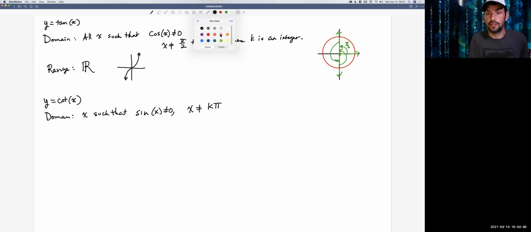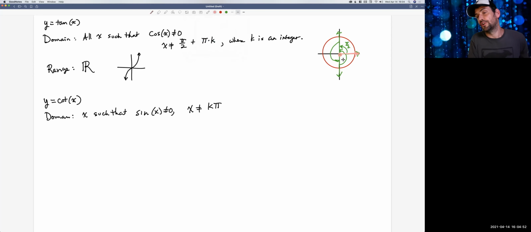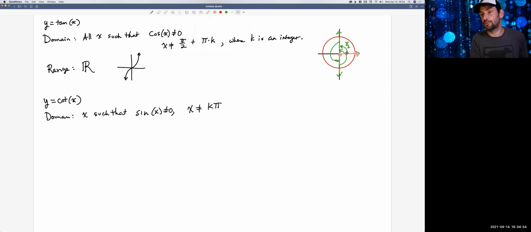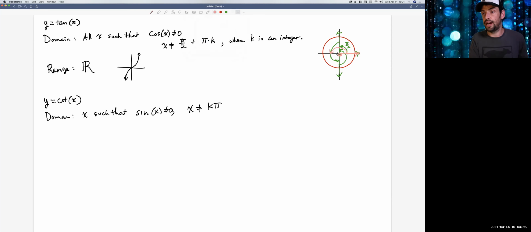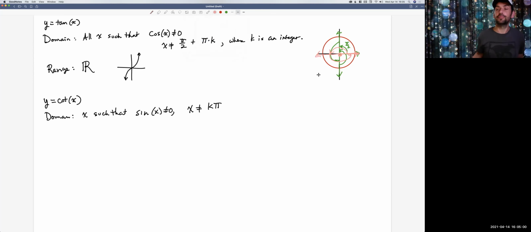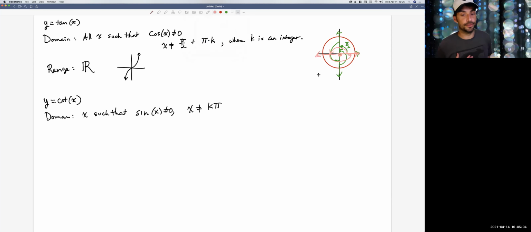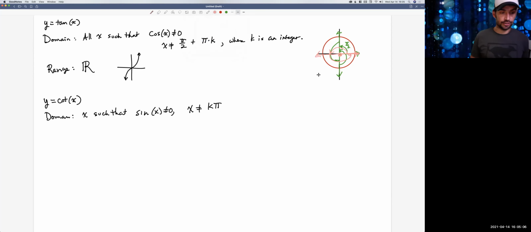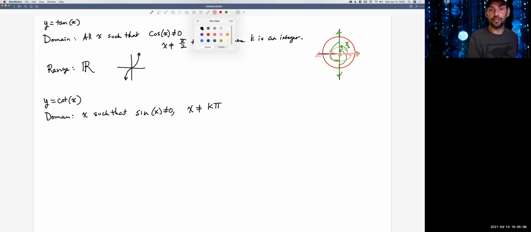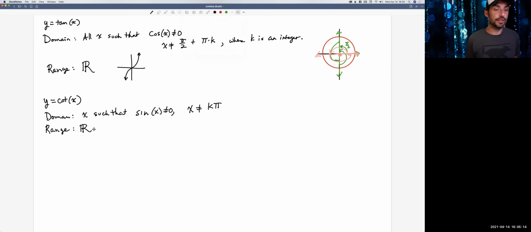If I'm starting with the 0 angle right here, that's where sine is 0. If I add pi, I'm looking at this angle. I can keep adding pi or subtracting pi anywhere along that x-axis. So no integer multiples of pi for cotangent of x, and its range, just like tangent, is going to be all real numbers.